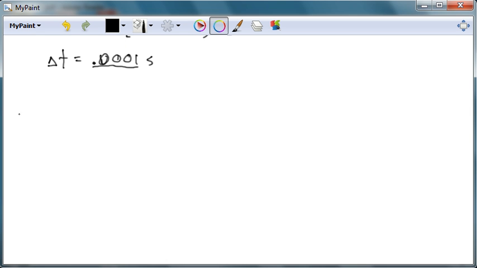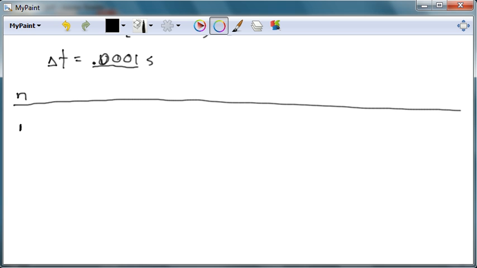I'm going to use a counter. I'll call it n, and we'll have n start out at the value 1. And when n is equal to 1, the time is 0 seconds.